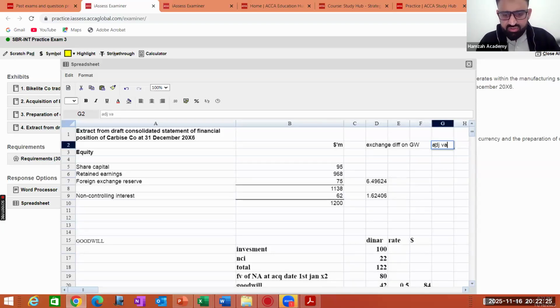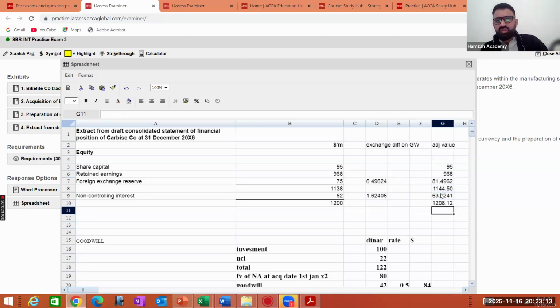And the adjusted values will be 95, exchange differences will be 81, and the total value will become 114, and NCI value will become, and the total value of the equity will become 1208.12. So these would be the adjustments.